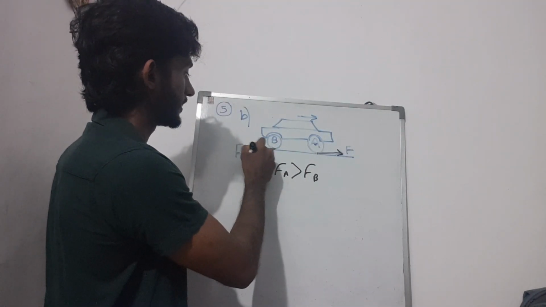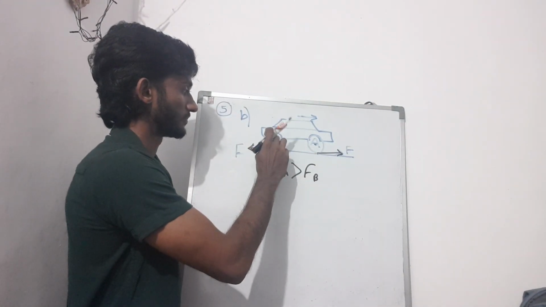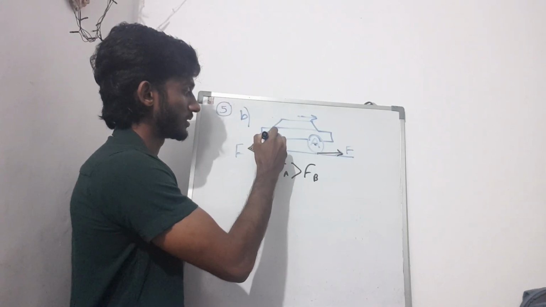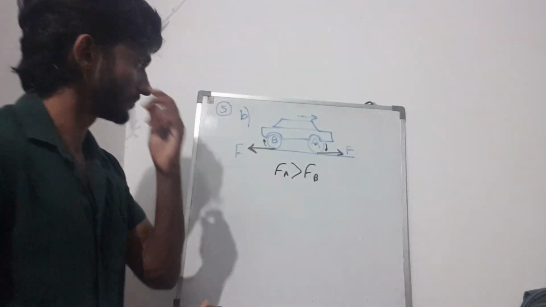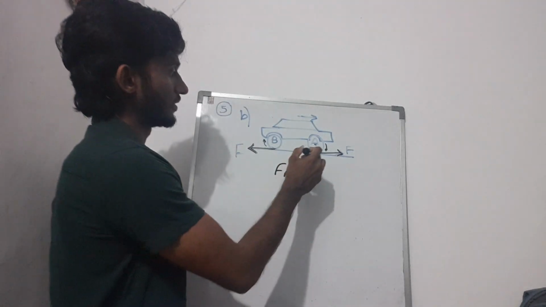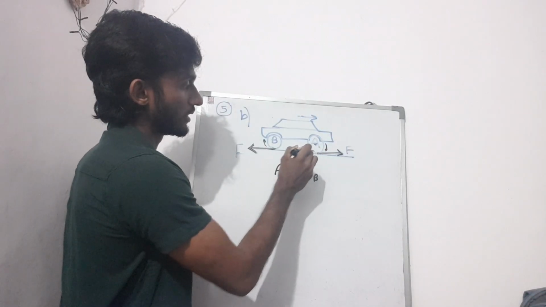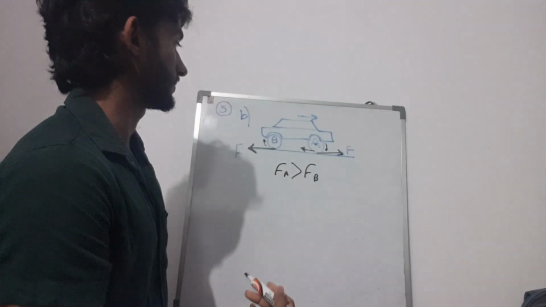Then the friction force is applied in the opposite direction. This rotates in this direction. The force applied by the engine is shown in the opposite direction.